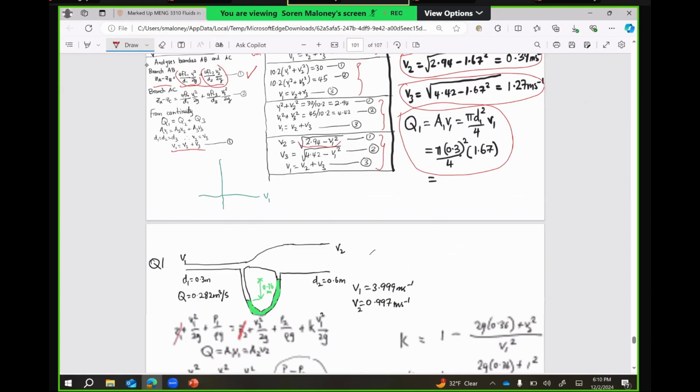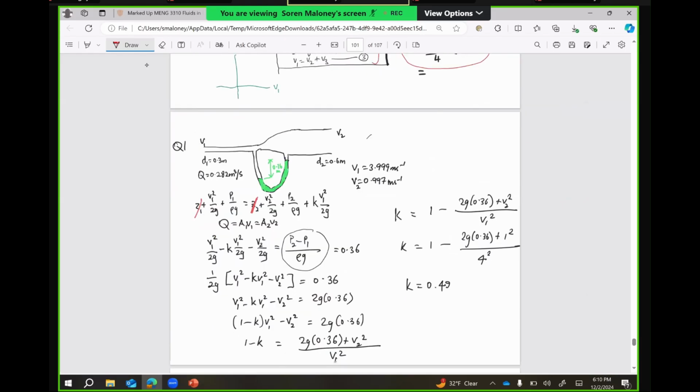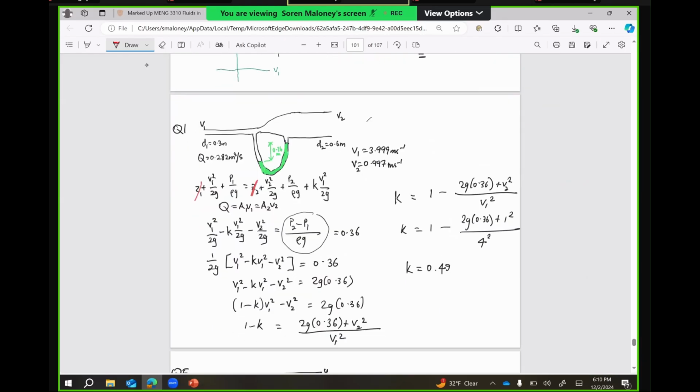Having said that, let's look at some examples, right? I think I looked at this example already, but let's look at it again. Because what this example is asking you here is to find the value of K if, for this expansion, we were to represent the loss as K times V1 squared on 2g, plus losses, right?